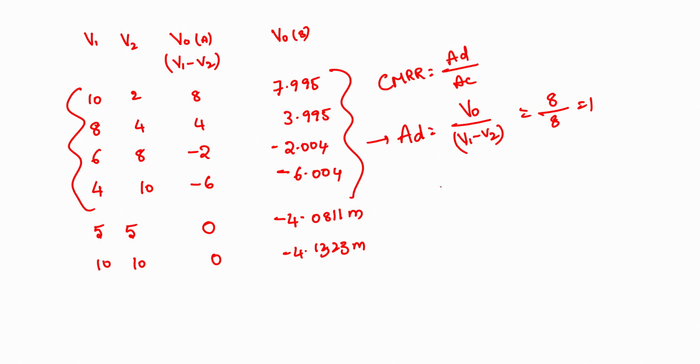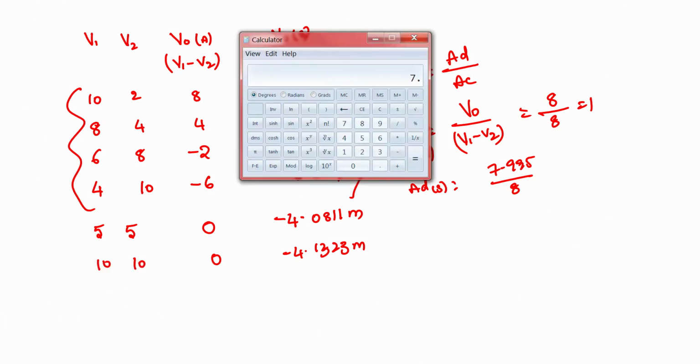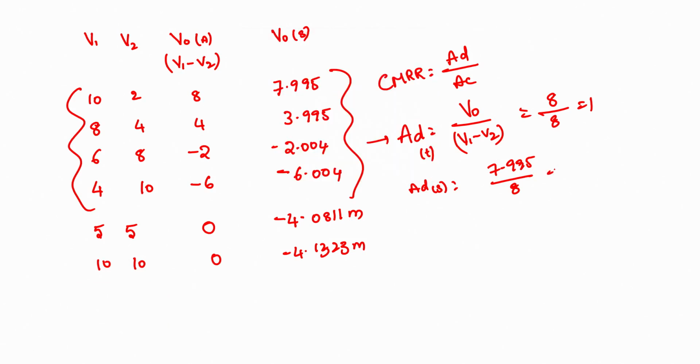What about the practical? This is theoretical. So, AD from simulation, when we see the value, V0 is 7.995 divided by 10 minus 2, 8. So, when I calculate, I am taking calci, 7.995 divided by 8, 0.999, which is almost equal to 1, no matter what.